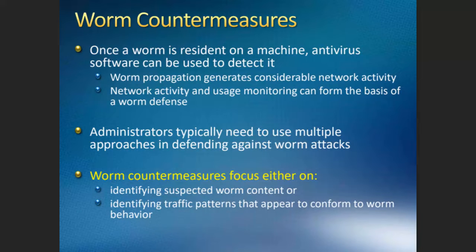The problem with a worm is it affects your bandwidth because it will propagate through the network media. Network activity and usage monitoring can be helpful to know if there is a worm. If I can see a sudden spike in my network usage, traffic, then there is a worm.